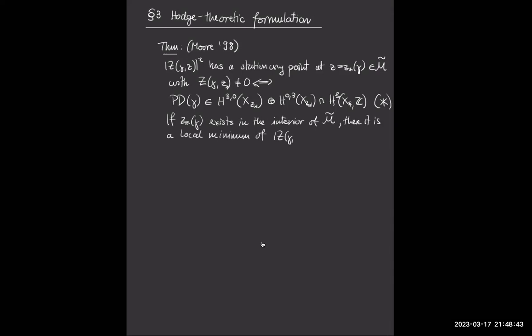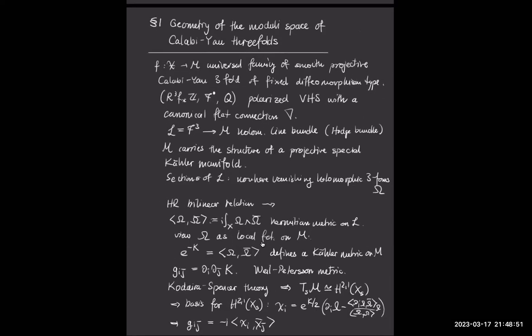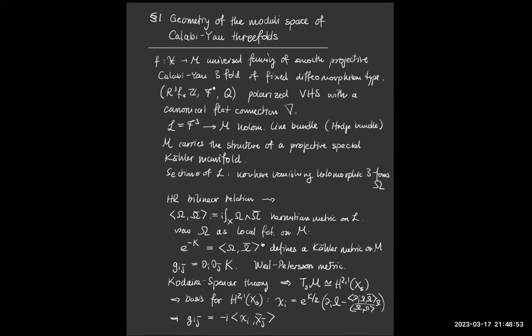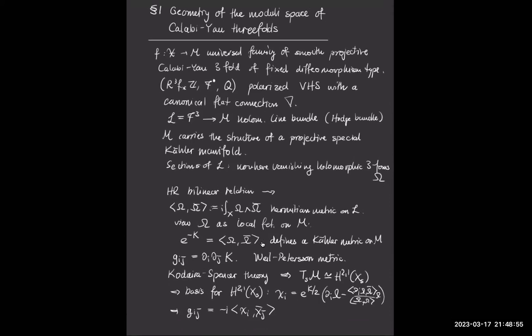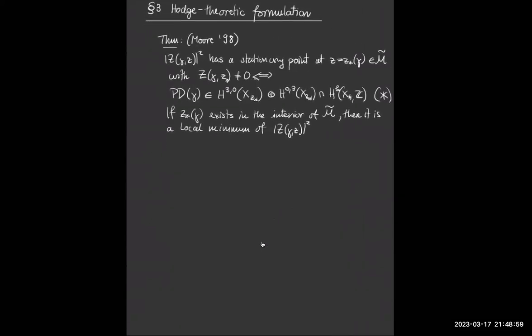So actually, I prepared a proof of that statement because it's really simple, and all you need is what I wrote here. It follows from what I wrote here. But for time reasons, I skip it, and maybe I'll tell it at the end.